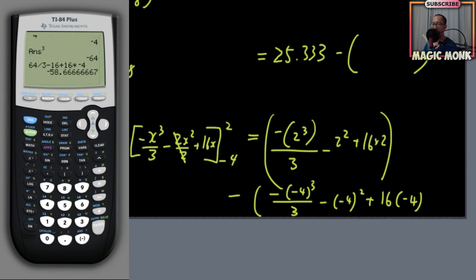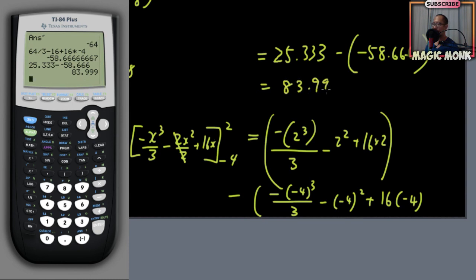So inside the bracket it's minus 58. So the answer should be 25.333 minus negative 58.666. And the answer is 83.99.